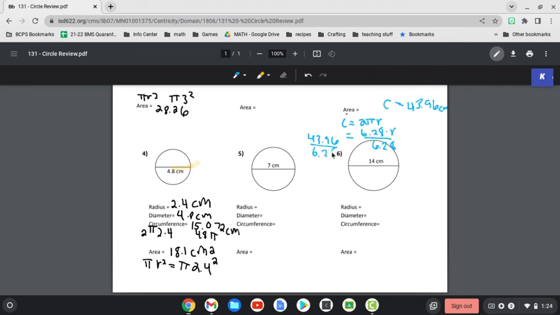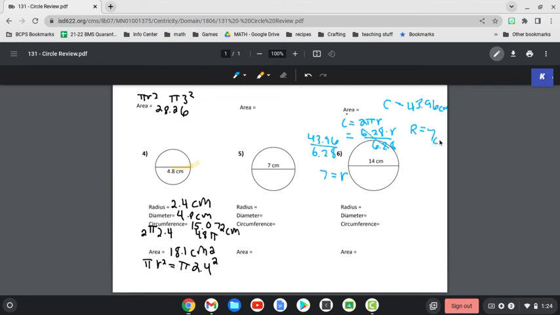So we punch that into our calculator. 43.96 divided by 6.28. And that gets us 7. So our radius is 7. I'm going to write over here just to keep track of everything. And that's in centimeters.